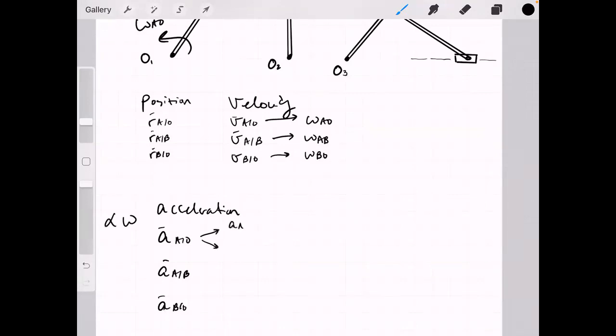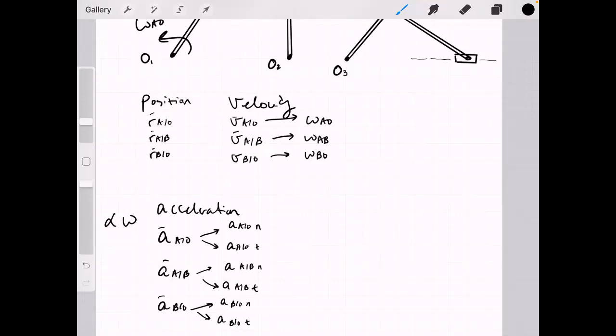So we'll have AO in the normal, AO in the tangential, AB in the normal, AB in the tangential, BO normal, BO tangential.